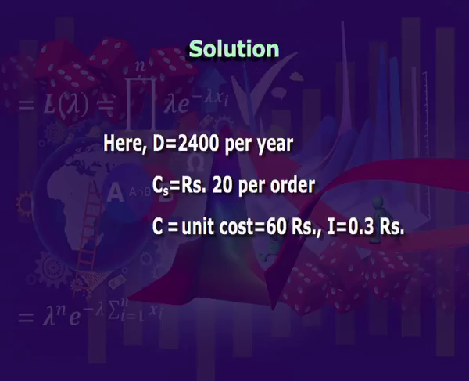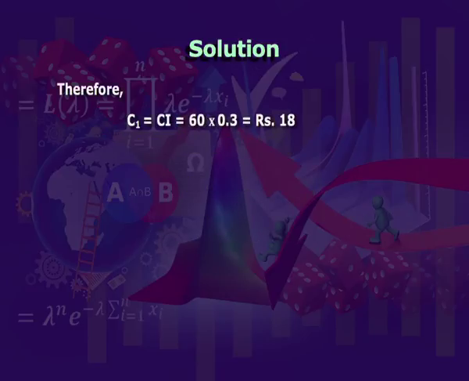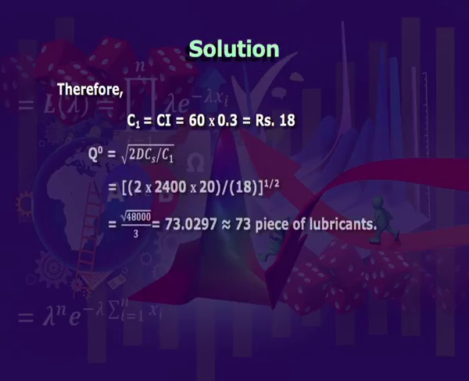Here we denote capital D equal to 2400 per year, CS equal to ₹20 per order, C equal to unit cost which is 60 rupees and I equal to 0.3 rupees from the given information. Therefore, C1 equal to C into I gives the value 60 into 0.3 becomes ₹18, and economic order quantity Q0 formula under root 2 into D into CS upon C1.